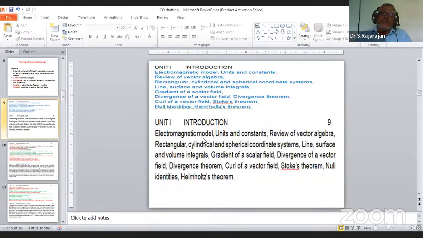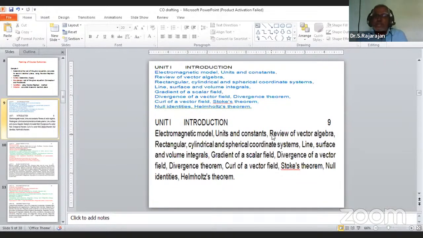Okay, now I move on to the next, the same course outcome but for a different unit. For example, this is the syllabus for Electromagnetic Field in Regulation 2017 of Anna University. Electromagnetic field, electromagnetic model, units and constants, review of vector algebra. They have given in the syllabus itself a review of vector algebra.